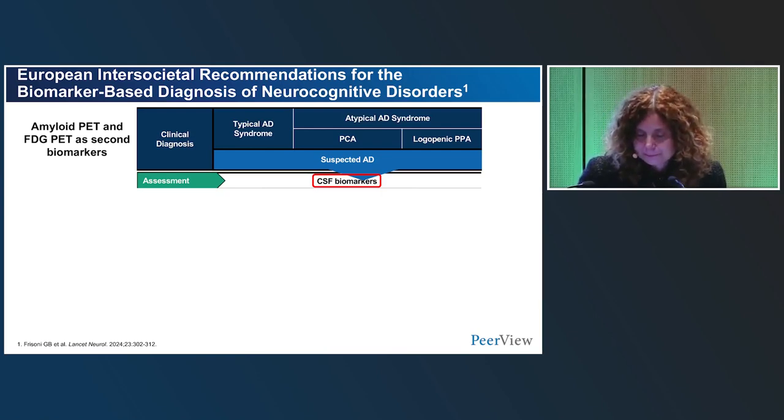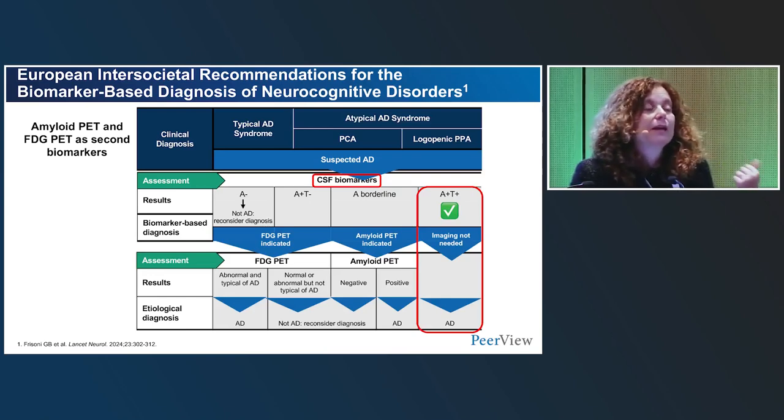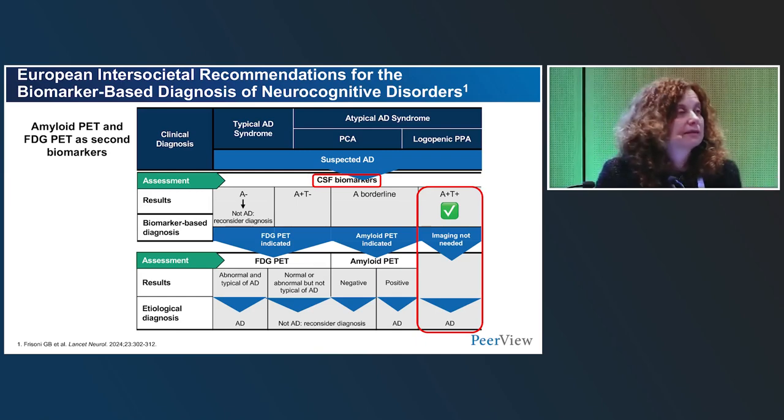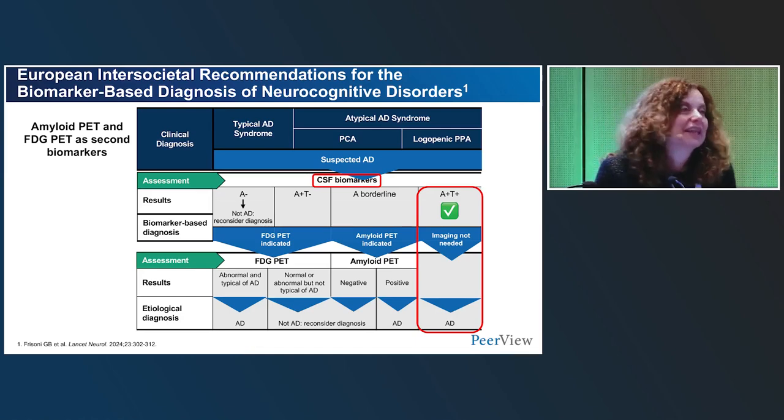What happened then? If CSF biomarkers are performed and we obtain A+ and T+ results, so in the suspect of Alzheimer's disease, we have basically the confirmation that we are in front of a patient with Alzheimer's disease, a second biomarker is not needed.